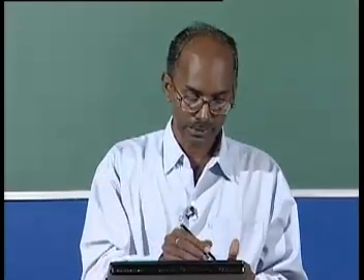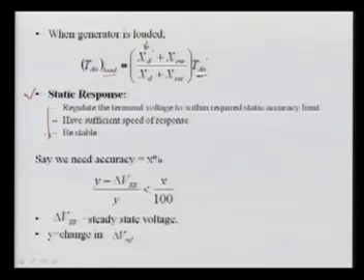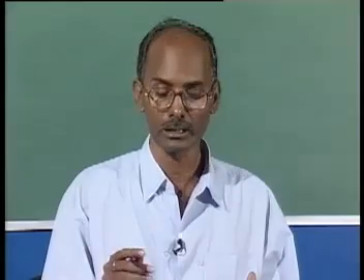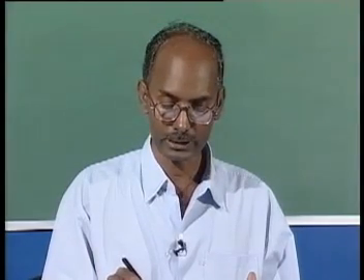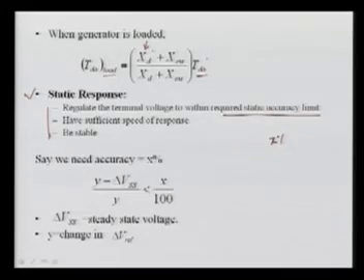Here I can summarize the basic objective of this control loop: it must regulate the terminal voltage within the required static accuracy limit, meaning how much we want. Suppose your reference is changed by X%; what is the change in your output voltage, and what is the error between the two? If the output also changes by X%, then the steady state error is 0.